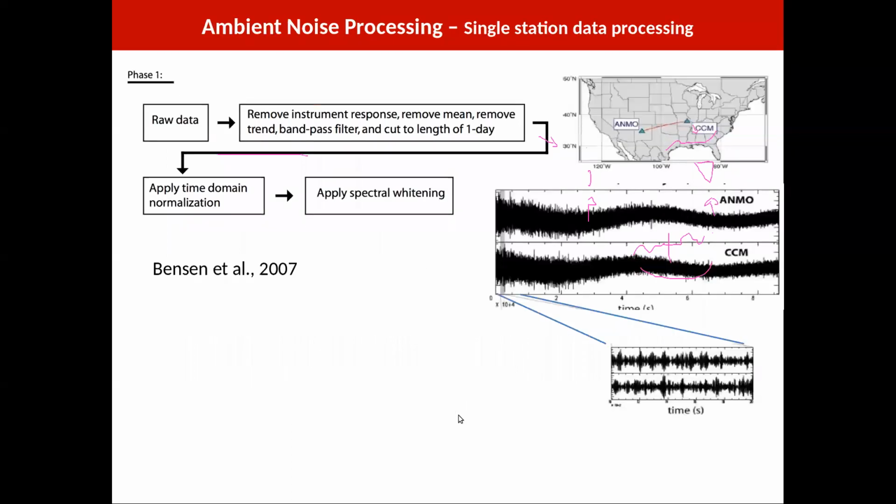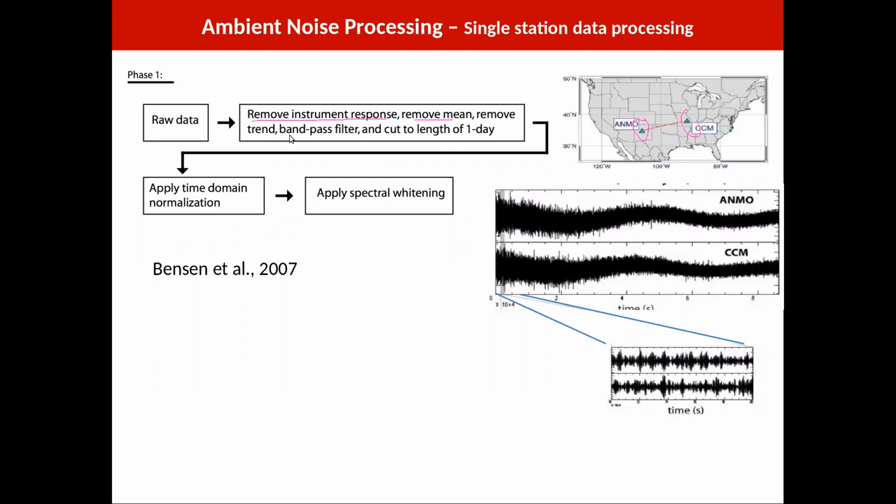Okay, so now we go into details, the single station preparation. So let's say we have the raw data. You record the raw data. So here in these two stations in the United States, we recorded the data, because the stations are recording continuously. Then what we do to this raw data is to remove the instrumental response. We remove the mean. Okay, we remove the trend of the data.